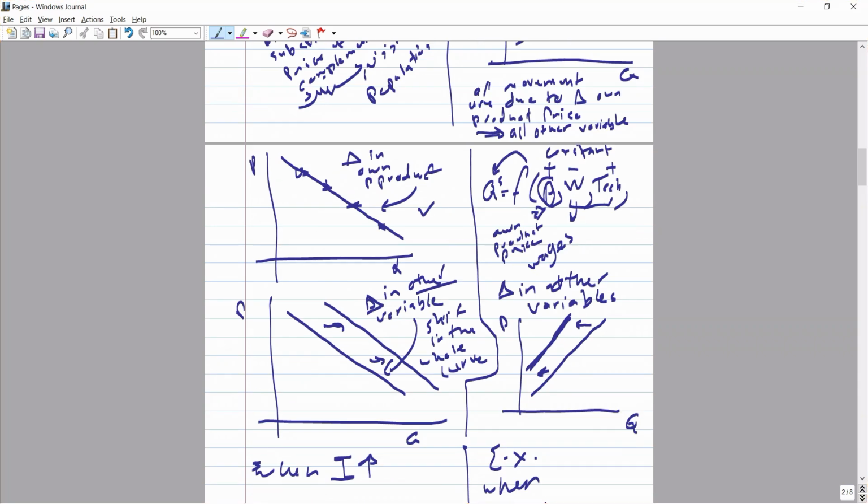But when one or more other variables in the same function change, then we are talking about the movement of the whole curve, whether it is in the demand or the supply side.